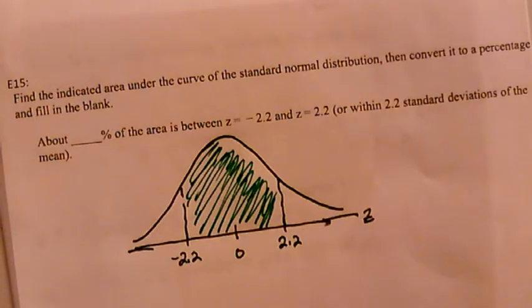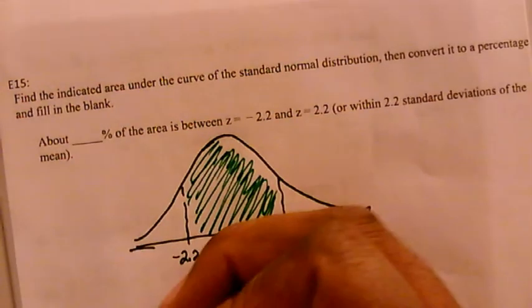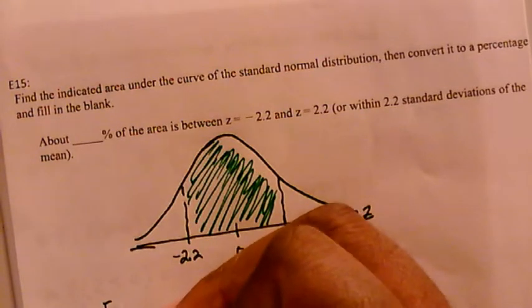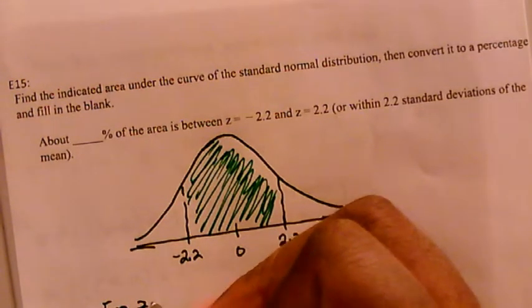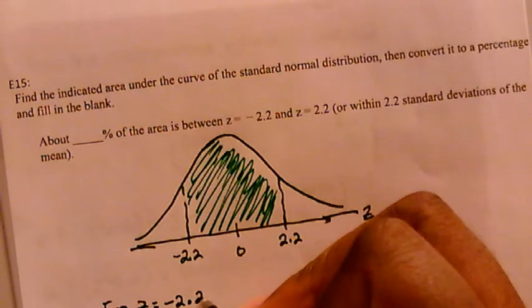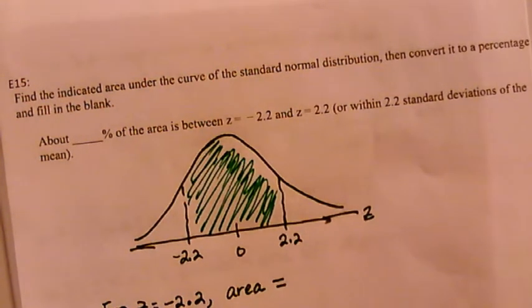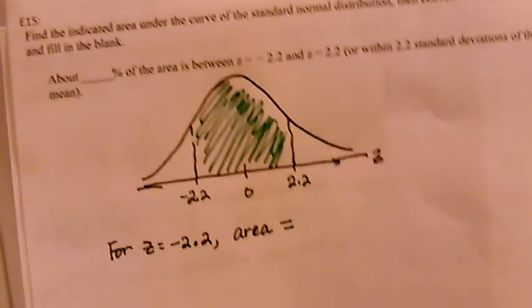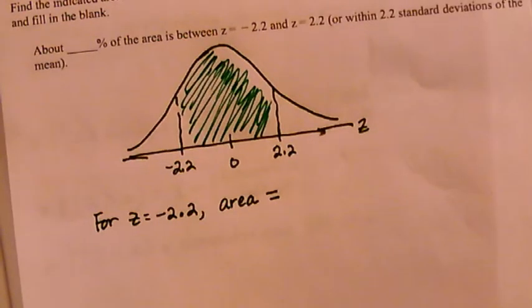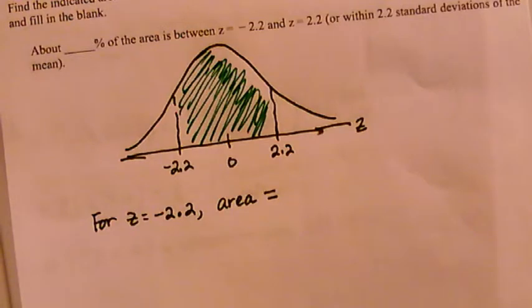So this is where we use our standard normal distribution table. So for z is equal to negative 2.2, that area, and I'm talking about the area to the left of negative 2.2.